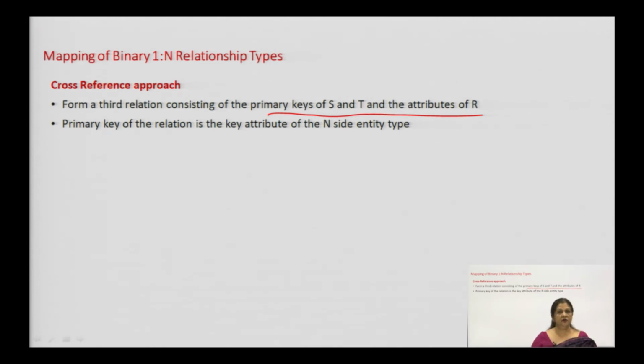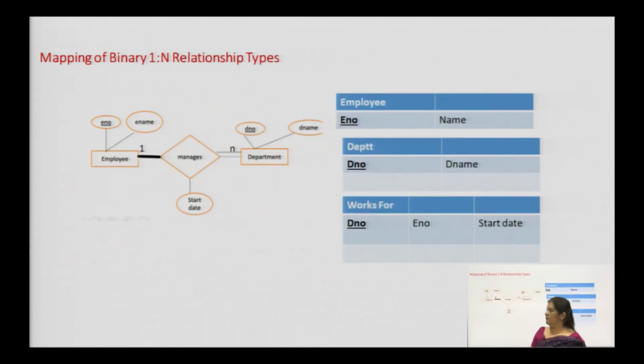Along with that, the primary key of the relation is the key attributes of the n side entity type. And thirdly, because we are forming a third relation, the relationship attribute will go to the new relation that we have formed.